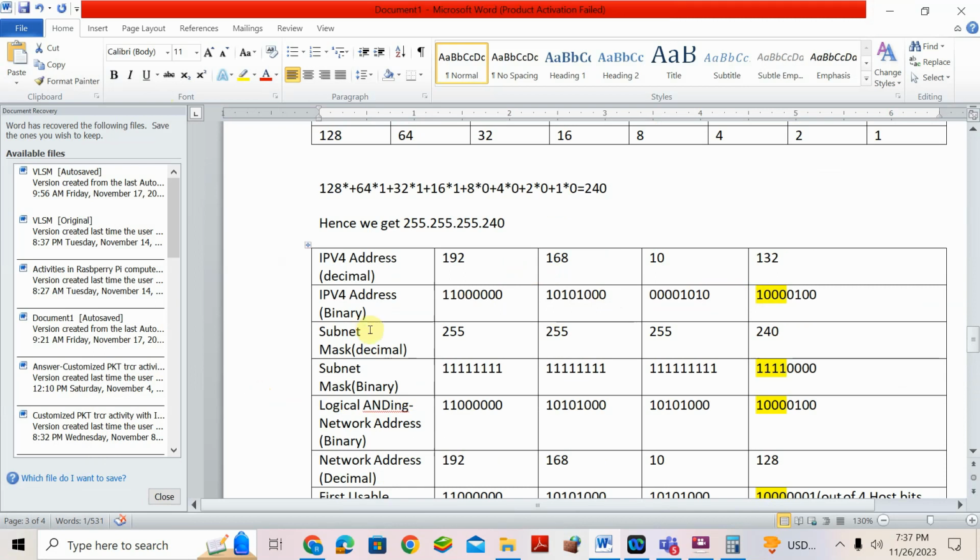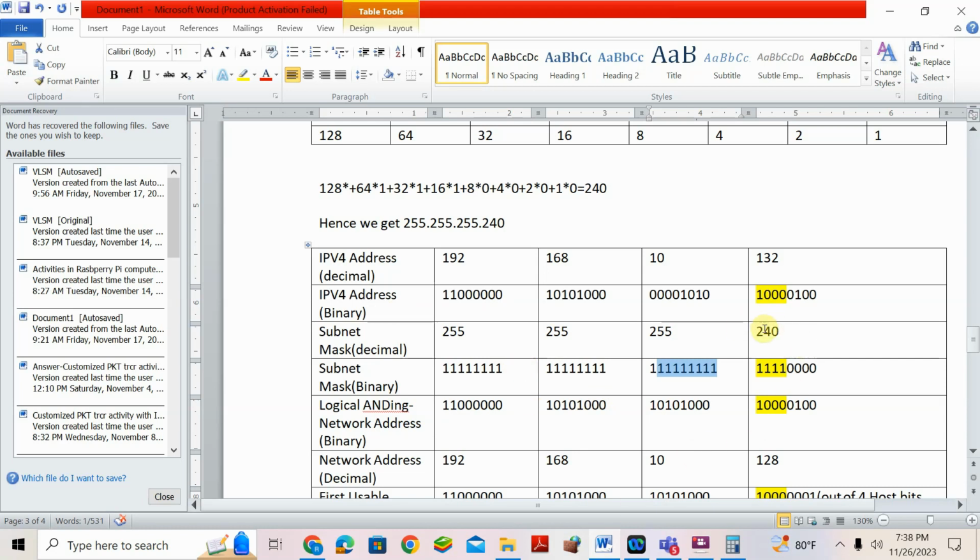Now, the subnet mask. Already we got 255.255.255.240. What is the binary number? 255, you know, is 8 ones. Again 255 is 8 ones. Again 255 is 8 ones. 240 we already have. This also we can convert using this method.